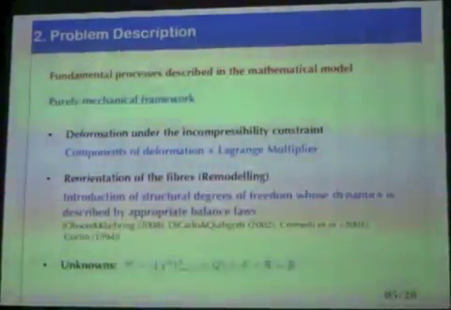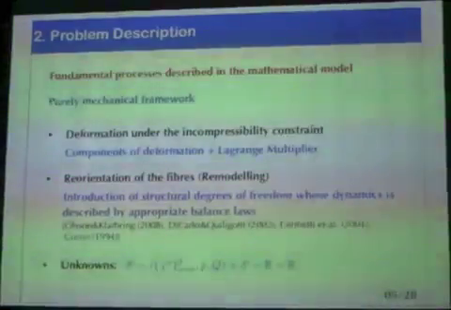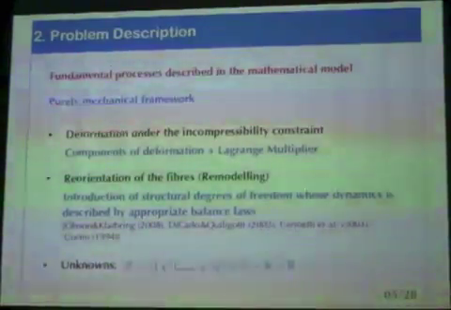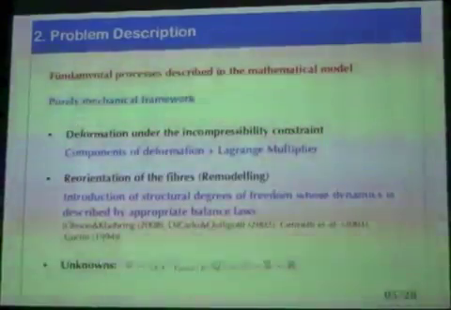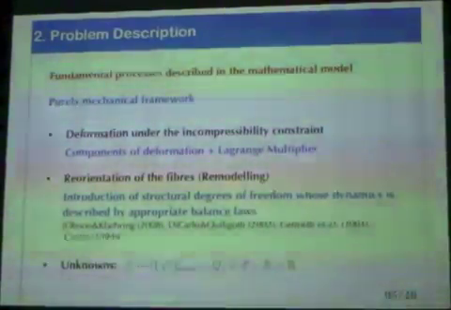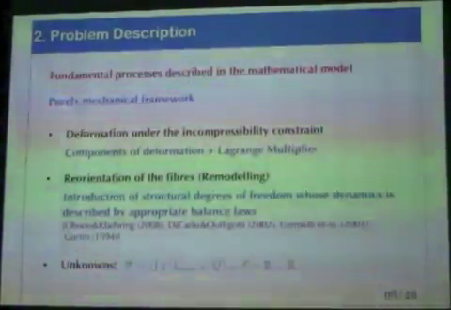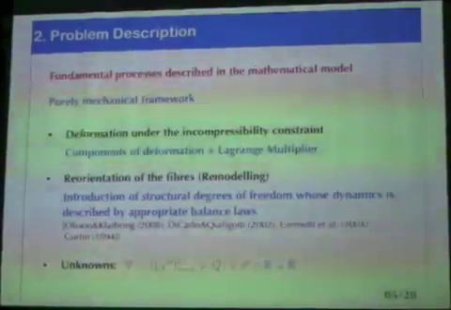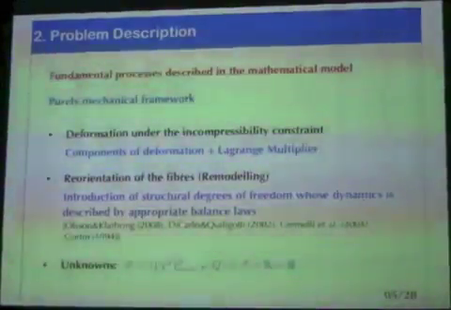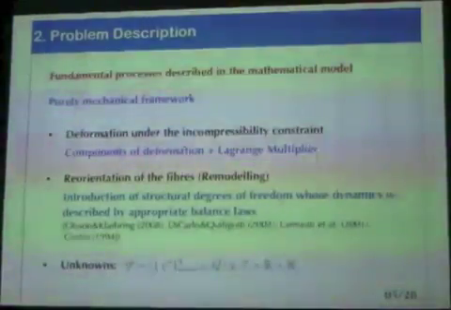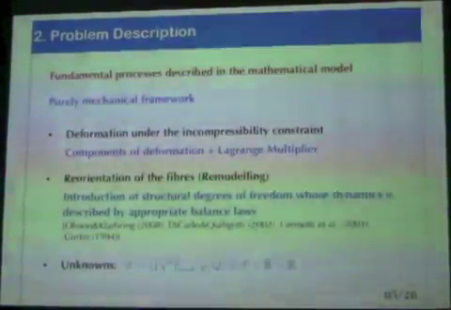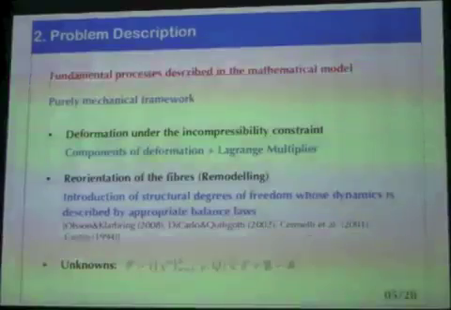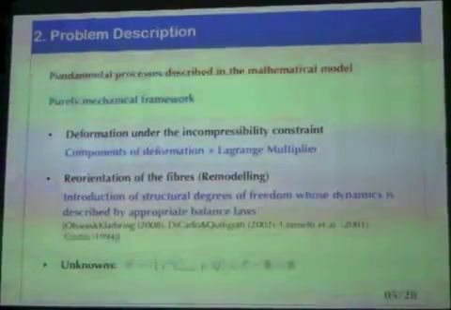In this sense, we differentiate our approach from some other approaches found in the literature in which the so-called remodeling law was determined by specifying the angles giving the alignment of the fibers as internal variables.